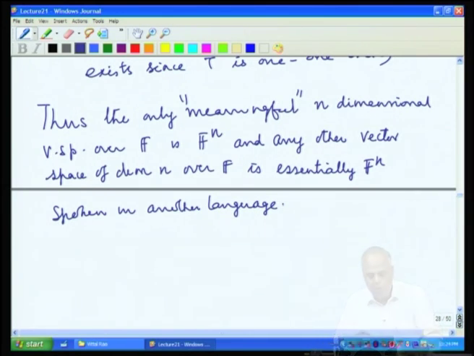The isomorphism is the translation dictionary, and therefore it boils down to saying we study F^n carefully. If you know F^n, you know the whole universe of n dimensional vector spaces over F. Therefore, we shall continue looking at F^n more carefully. We shall look at this in the next lecture.